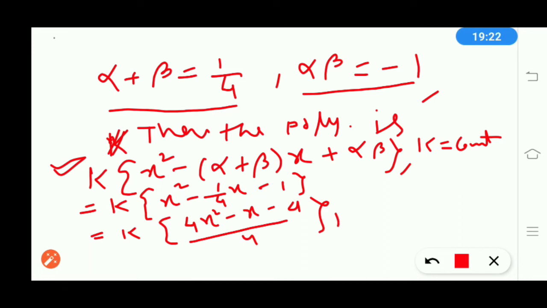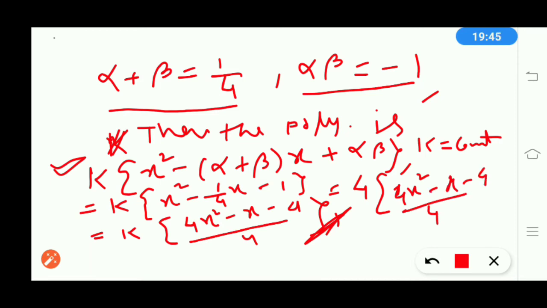After this step, here we take k equals 4. Now if we take k equals 4, that means 4 into 4x square minus x minus 4 divided by 4. Clear? So the 4 cancels, and that means it equals 4x square minus x minus 4.